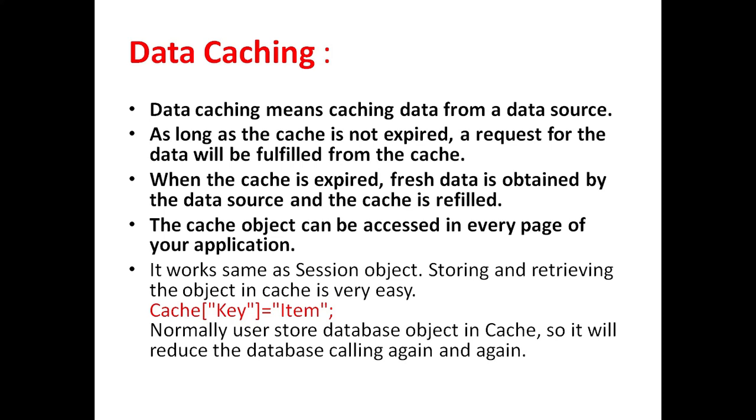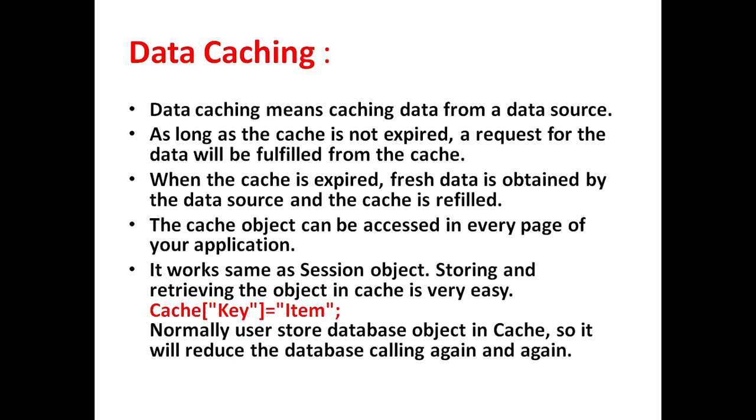The cache object can be accessed in every page of your application. It works the same as session object. Storing and retrieving the object in cache is very easy. Normally users store database objects in cache, so it will reduce the database calling again and again.